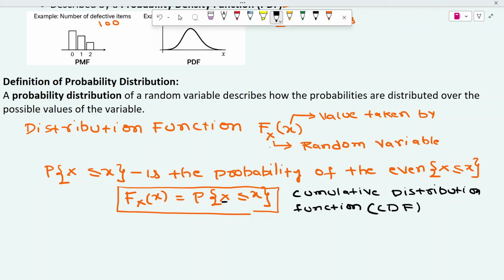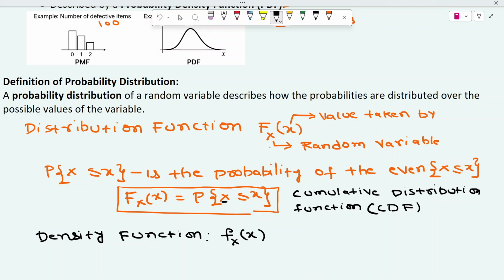Next, the density function. The density function is denoted with small f with suffix capital X, f_X of x.